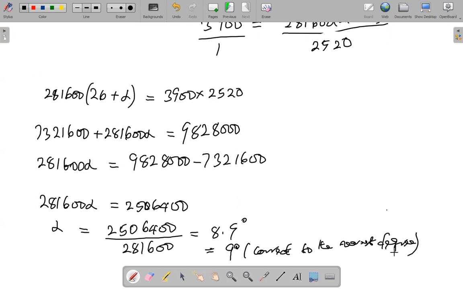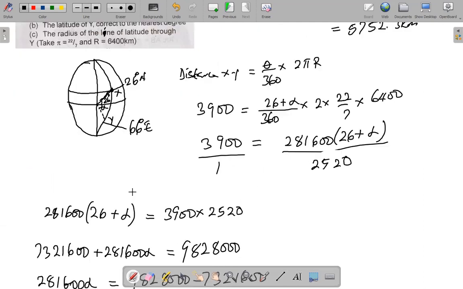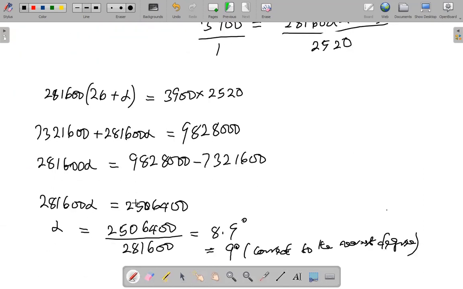Okay, that is B. Then C asks for the radius of the line of latitude through Y. We know the latitude of Y is 9 degrees, so the radius will be capital R, the radius of the earth, times cos 9, which is 6,400 cos 9.